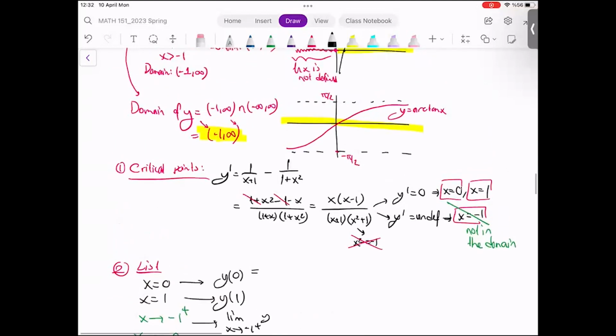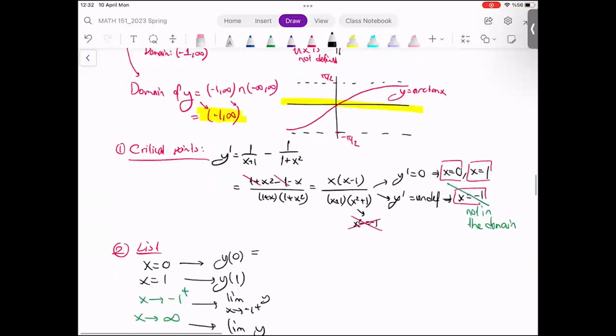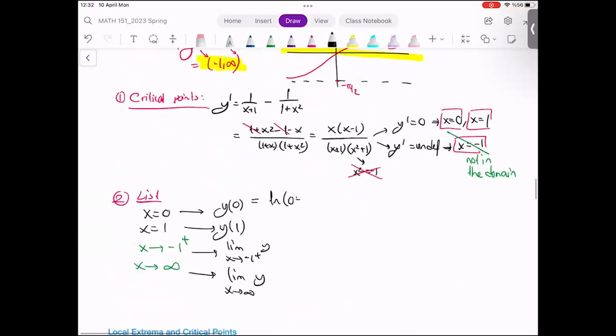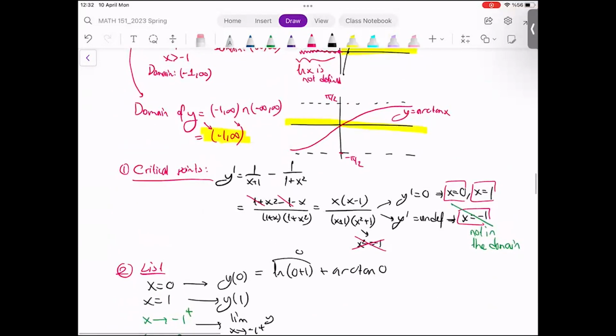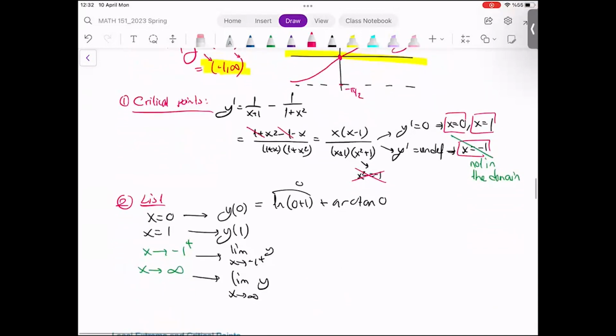What is y of 0? We know the expression of our function: ln of x plus 1, plus arctangent x. So ln 1 plus arctangent 0. ln 1 is 0. What is arctangent 0? Look at the graph. Arctangent 0 is 0, right? At the origin. The graph of the arctangent function tells us that this is also 0.